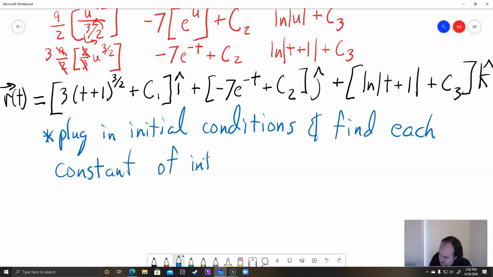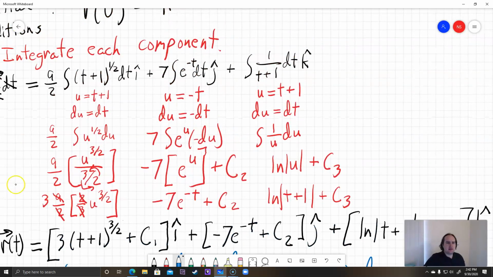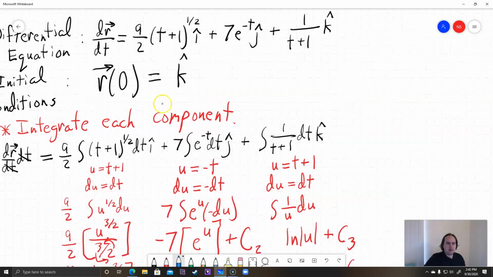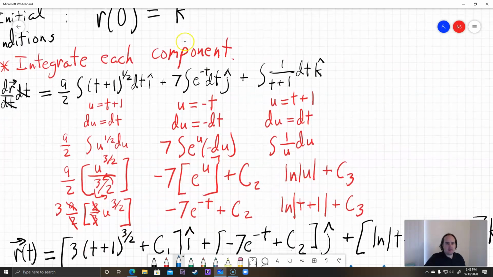So the constants of integration are actually going to be your C1, your C2, and your C3 here. And remember, the initial condition they gave us is way up here. r of 0 equals k. Remember, this is r of t, so we're plugging in 0 for t, and they're saying that that's equal to k.